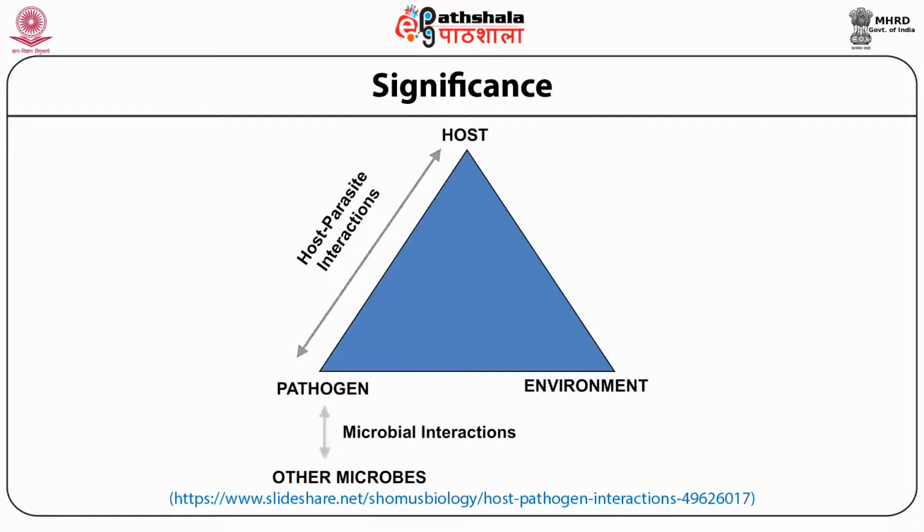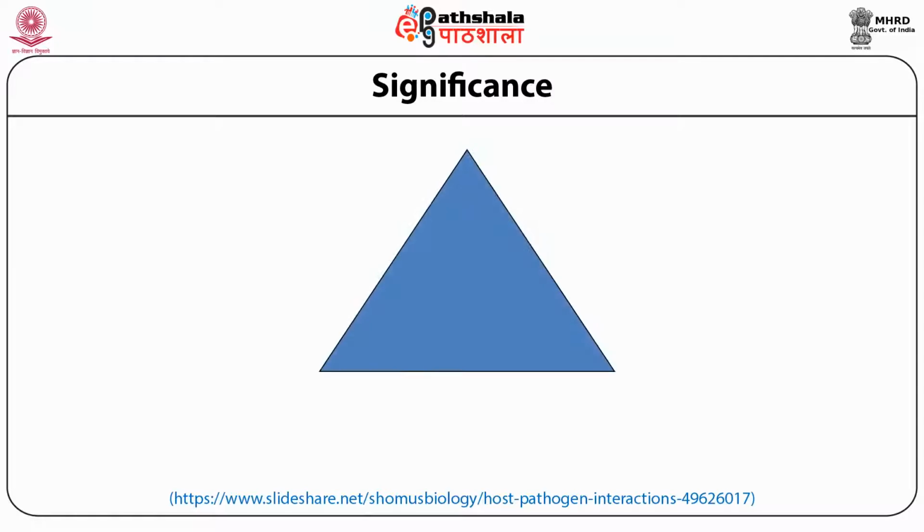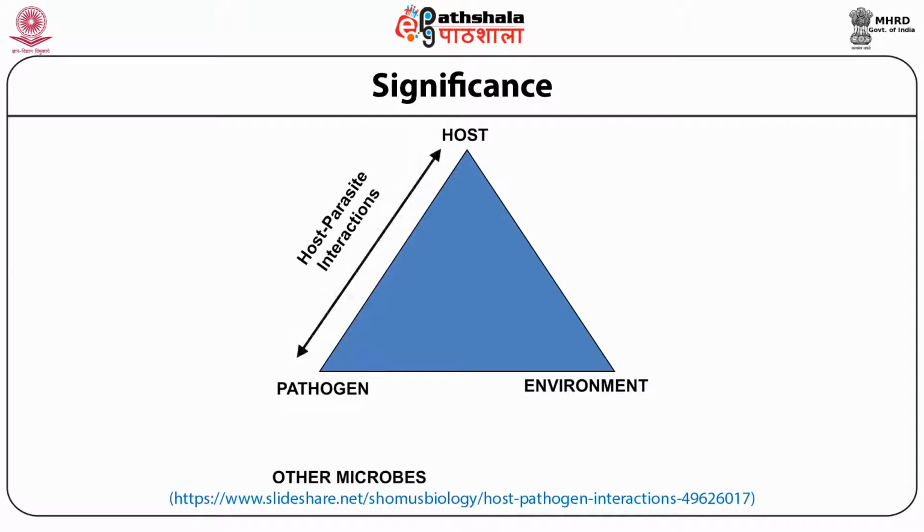So host pathogen interaction is determined by the environment, and in the disease triad, host, pathogen and environment are three important pillars. These three things determine whether disease will happen or not.